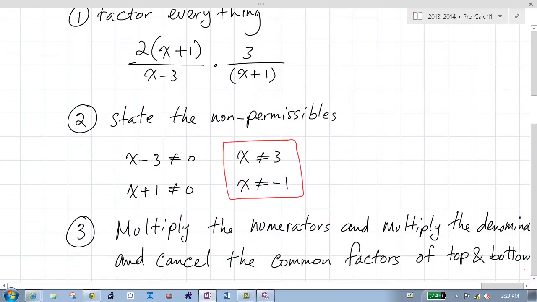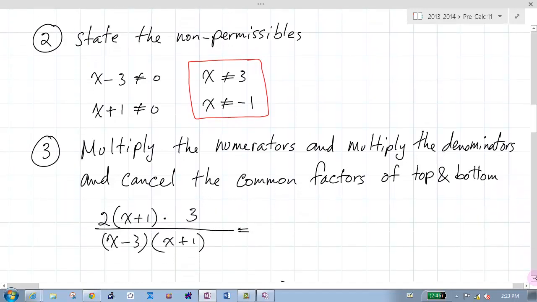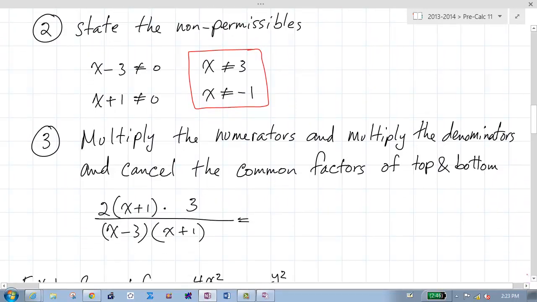Step 3, multiply the numerators and multiply the denominators and cancel the common factors of the top and the bottom, just like what we've done with simple numeric fractions. So we've multiplied the numerators and we've multiplied the denominators. The common factor between the top and the bottom is x plus 1. We cancel it out.